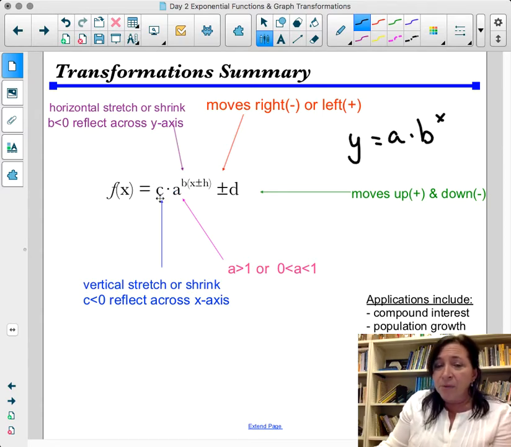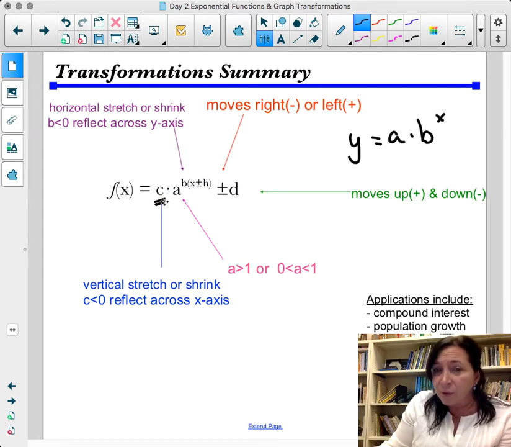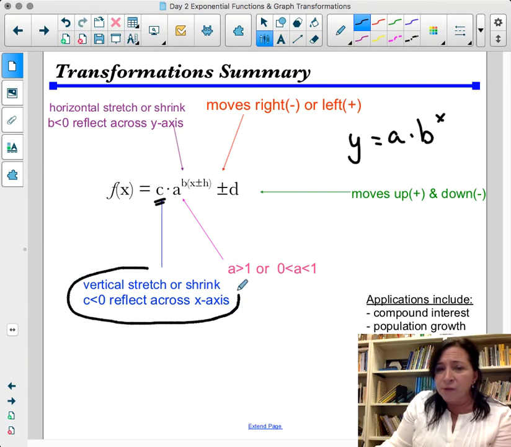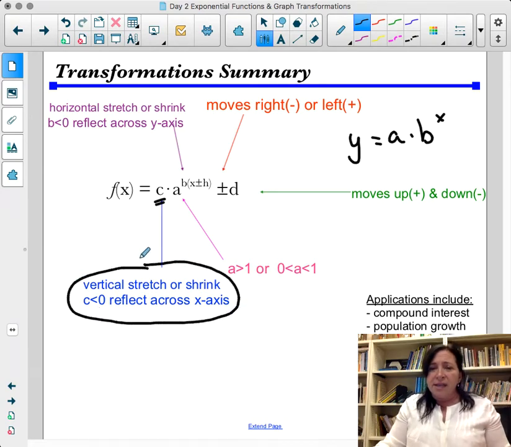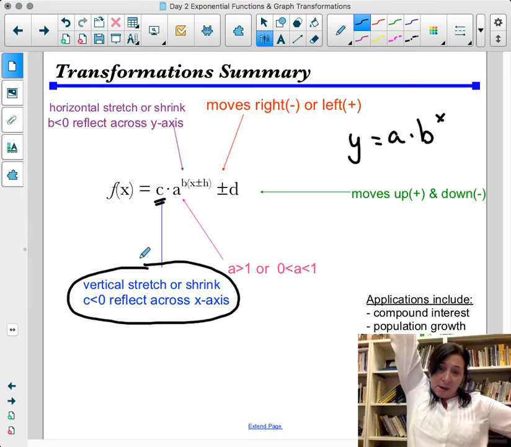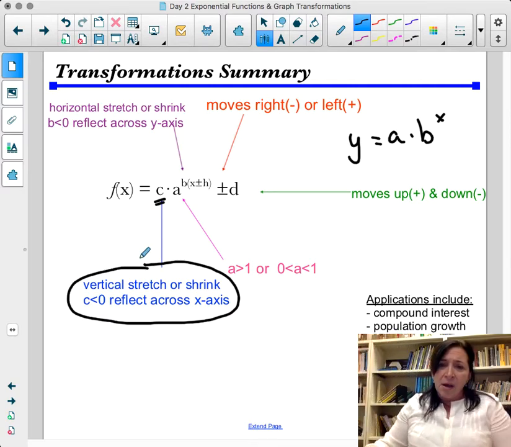Now, in addition to being my y-intercept, the value in front is also a vertical stretch or shrink. So basically, if it starts off like this, a vertical stretch would bring it up higher, and a shrink would bring it back down.